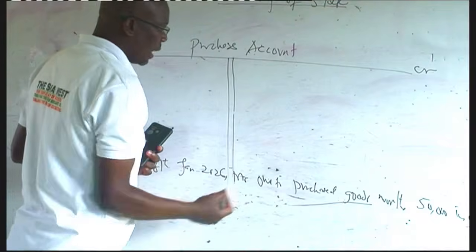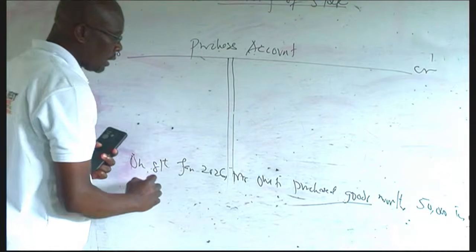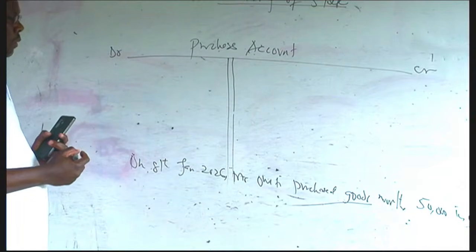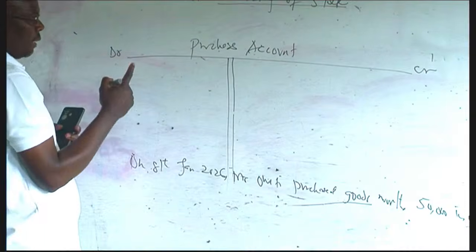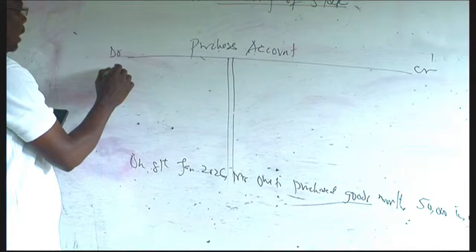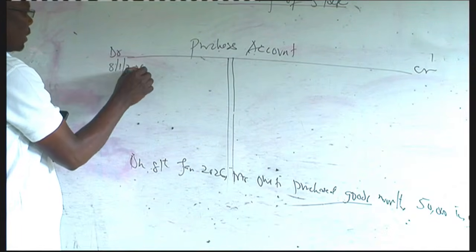So we have purchases here. Now, this transaction is increasing purchases, and therefore we debit the purchases account. So we will have a date here, 8th of January 2026.